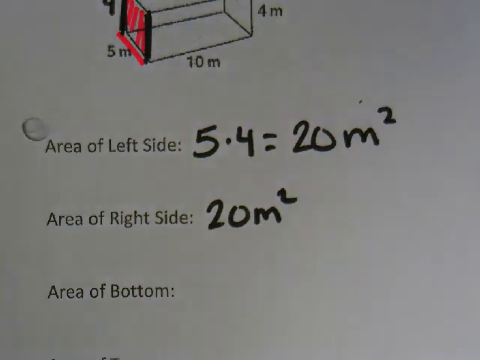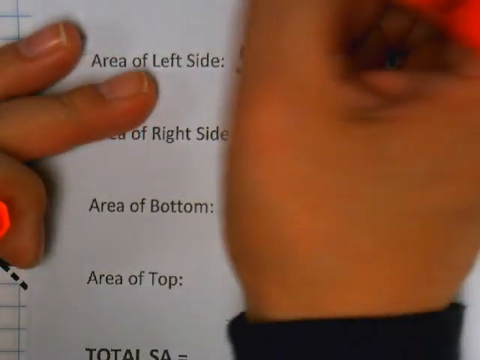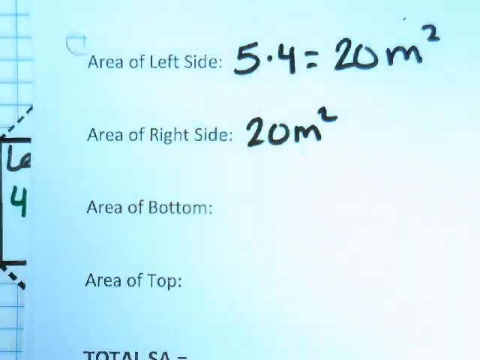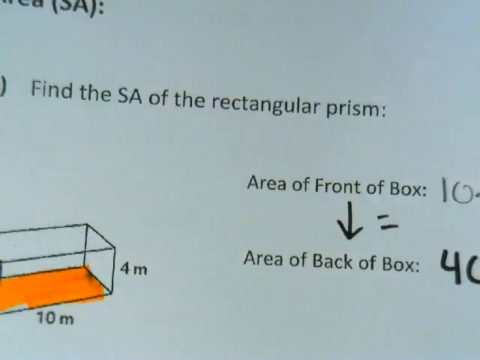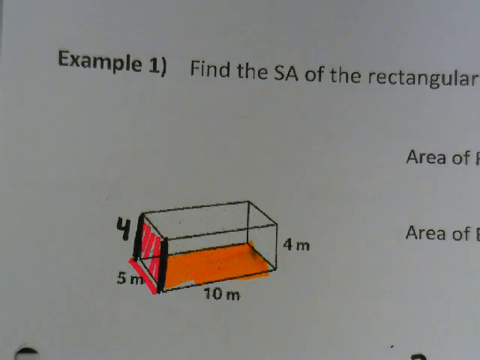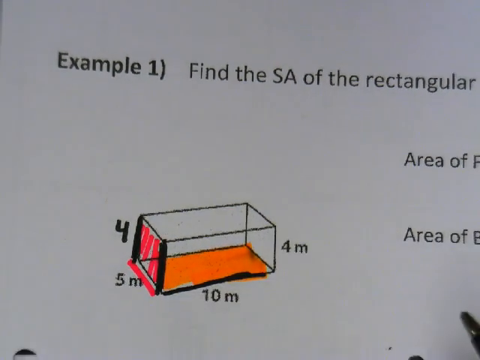Triangles. Okay, the bottom. The bottom is this section right here. Tricky. What are the two numbers? So what is this number? 10, right? Because right there.